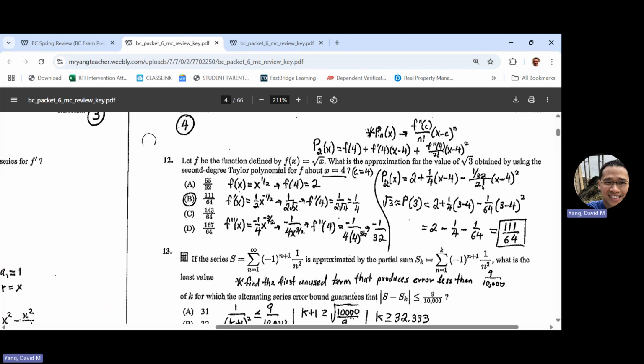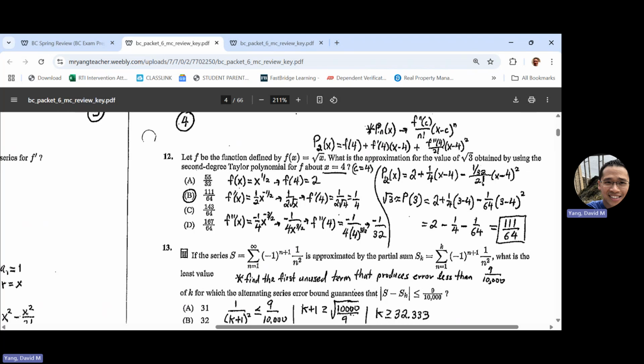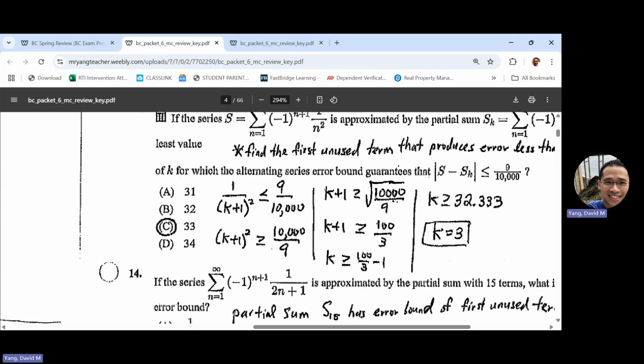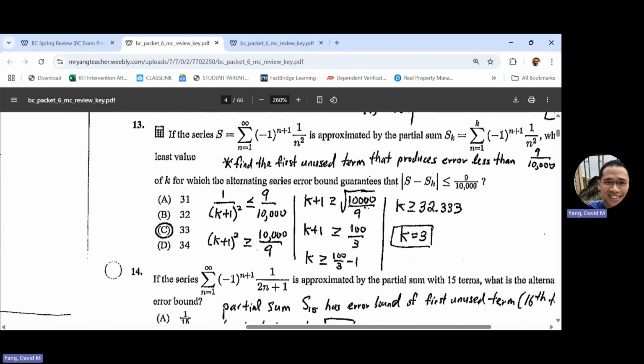Okay, 13, we're trying to figure out that first unused term that will produce that error bound. But this is with the calculator, so we can just set up that n plus first term. They say to use k, but you can use n as well.